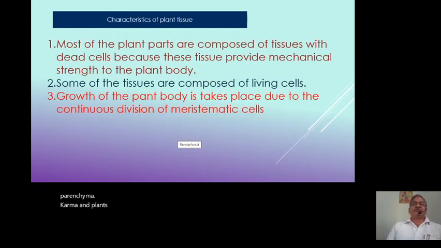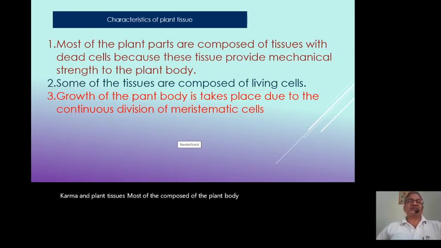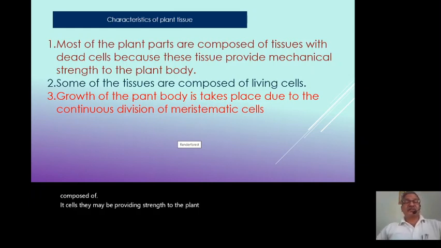The tissues are most of the component of the plant body. Some tissues are made up of dead cells, which may provide strength to the plant body. There are also living cells performing different functions.